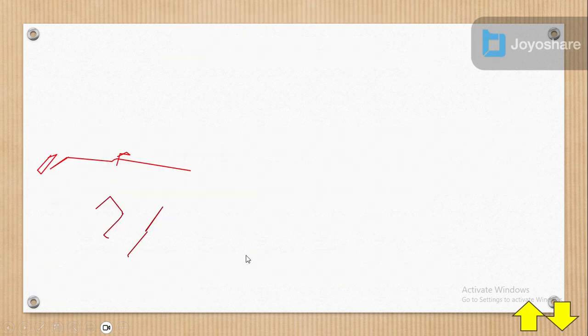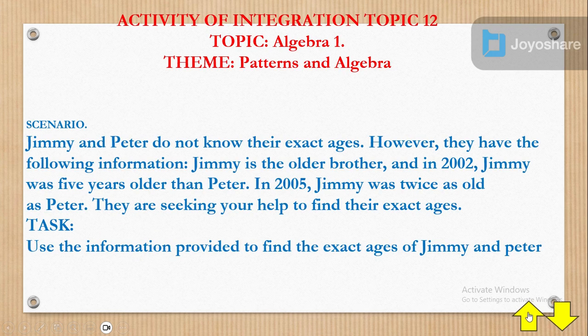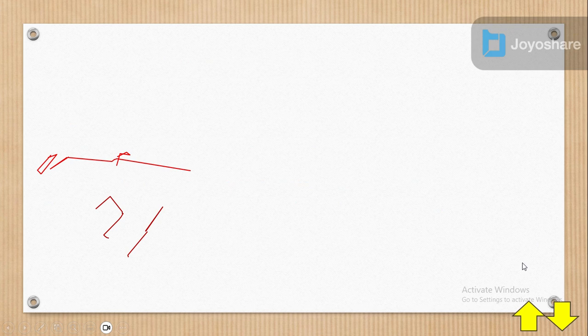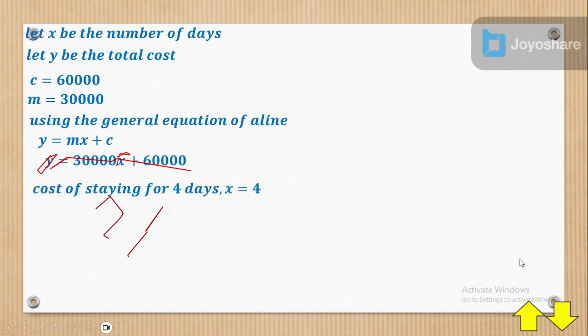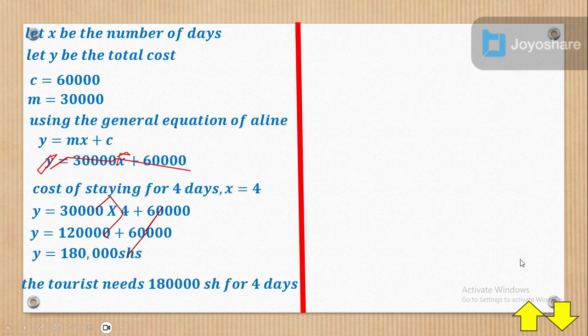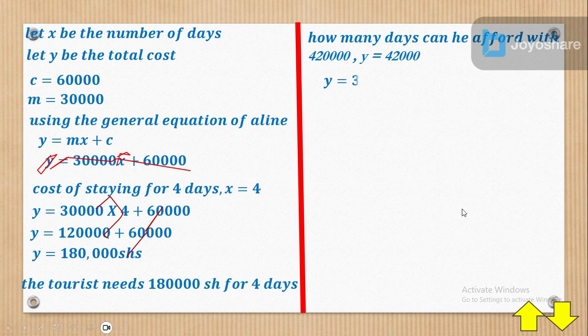Still, we are going to use the equation of a line to get that done. So, how many days can he afford with shillings 420,000? It is when y is equal to 420,000.